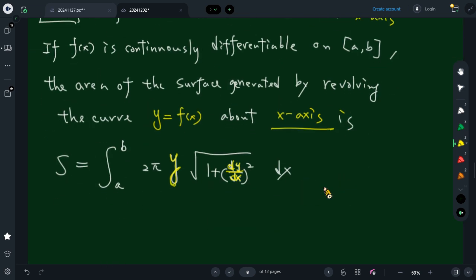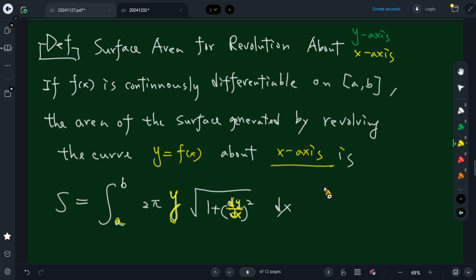And also here will be a to b. This is for revolving about the x-axis. In this case, you will be given y equals some function of x. Then you will get this one.